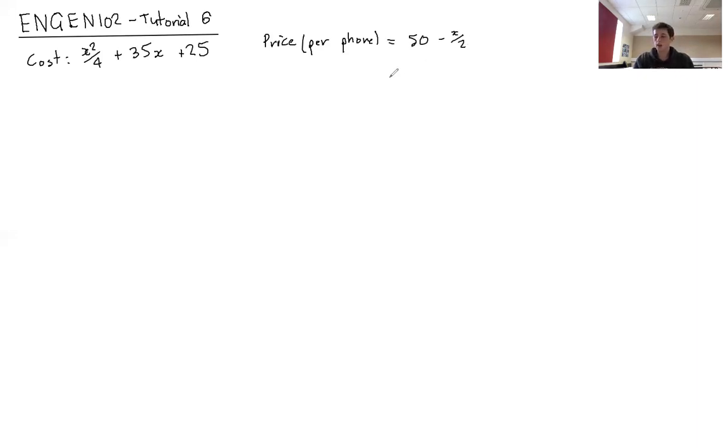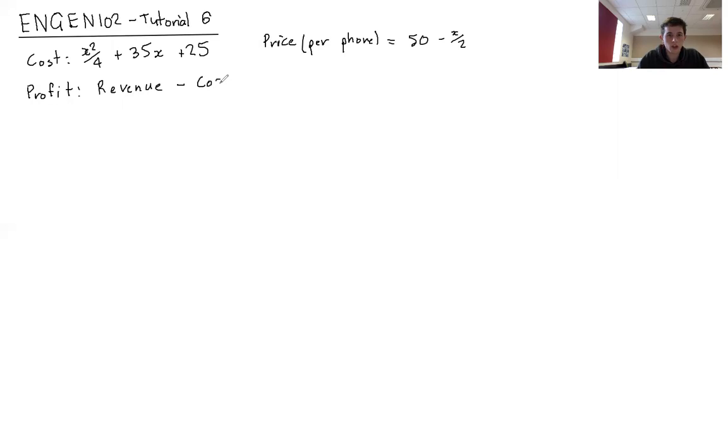Now, they're asking us about profit. This question requires a little bit of common sense. If we're thinking about this problem from the producer's point of view, they're trying to maximize their profit. Their total profit is just going to be their revenue less their total cost.